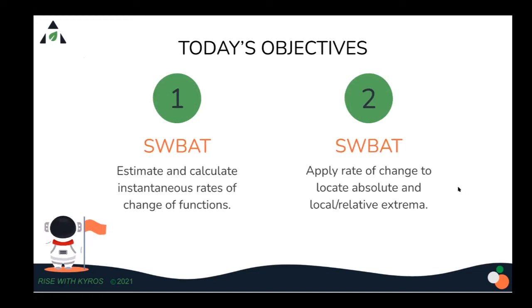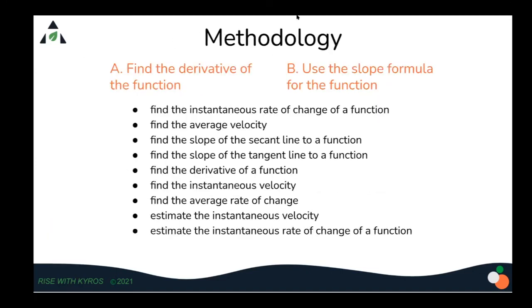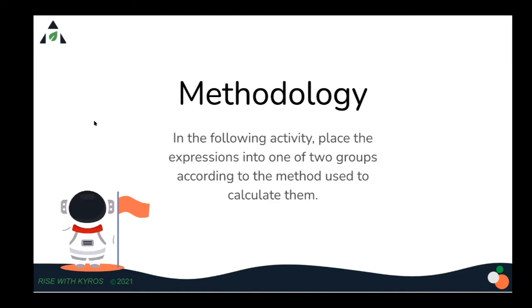We're going to be estimating and calculating instantaneous rates of change of functions in the context of AP problems, also applying rates of change to locate absolute and local or relative extrema. You should know that the first week's presentation is accessible within the Sprint 2 program workshop materials.